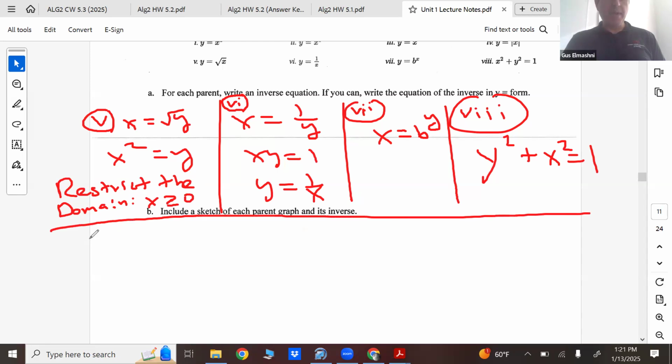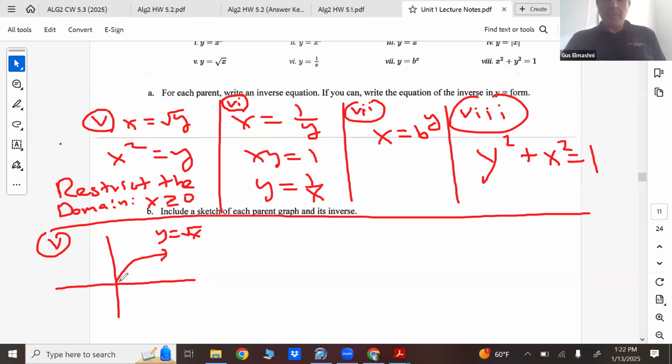So I do the graph right now. Y equals root x looks like this. So that's only like half of the curve if you think of it like that.